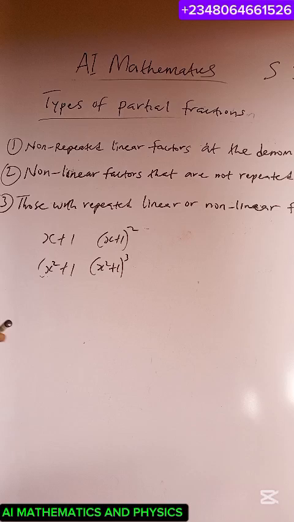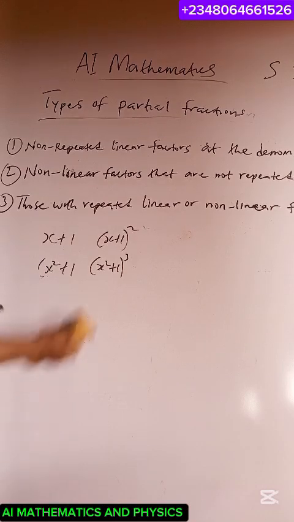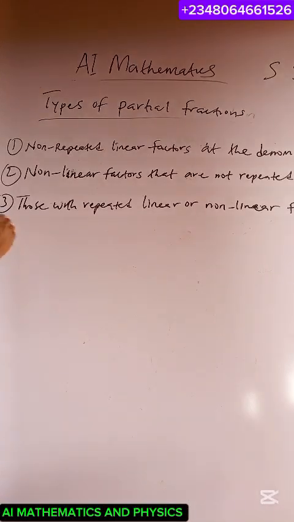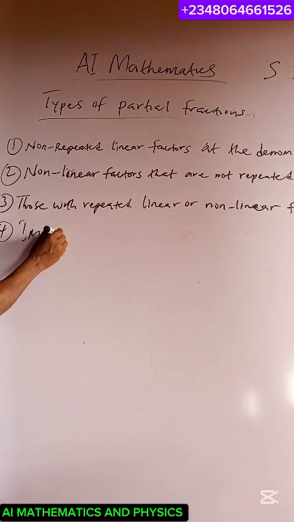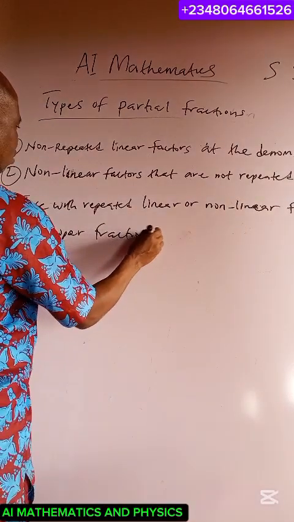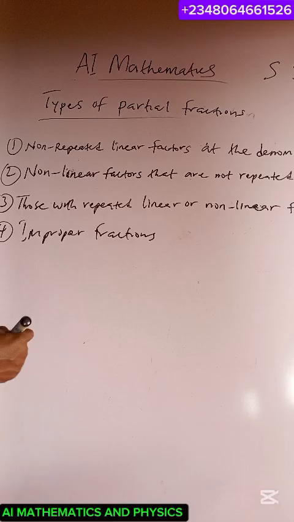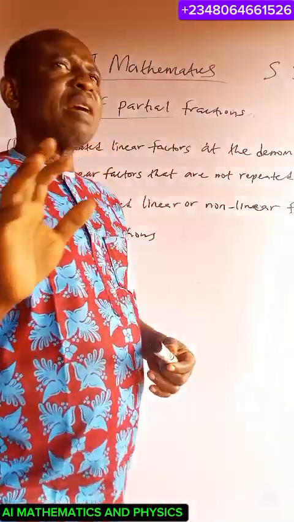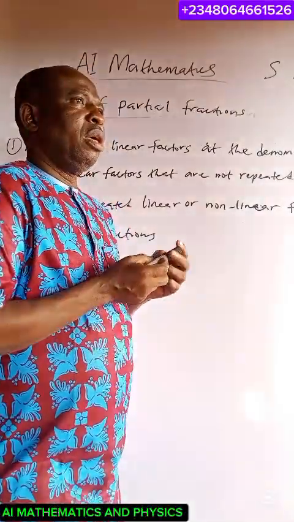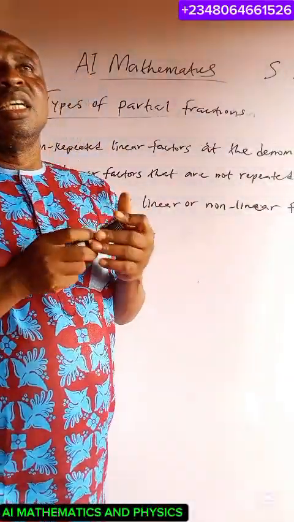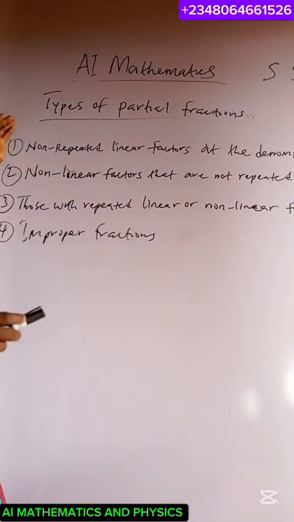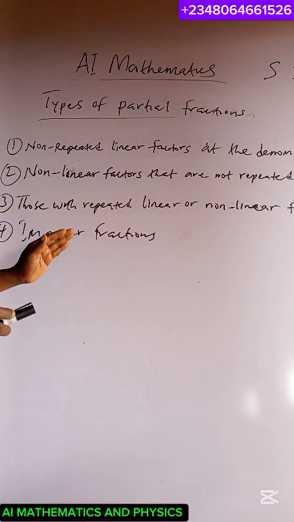Then we have improper fraction. In partial fraction, the degree of the denominator is always greater than the degree of the numerator, especially for the first, second, third types.